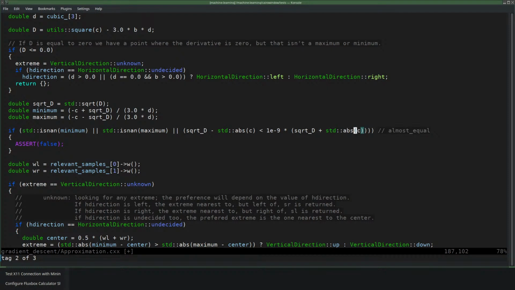Except that now I do not add them and then take the absolute value; I take the absolute value of each separately, and then I add them. So I don't have to take the absolute value of the sum anymore, because this is already positive.